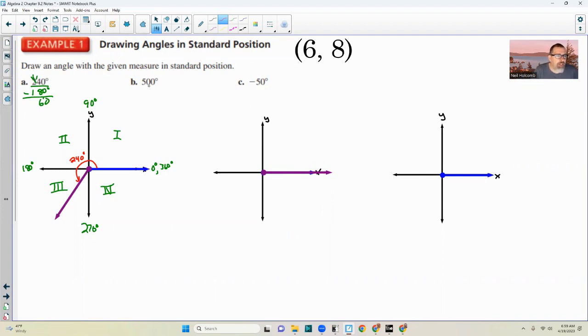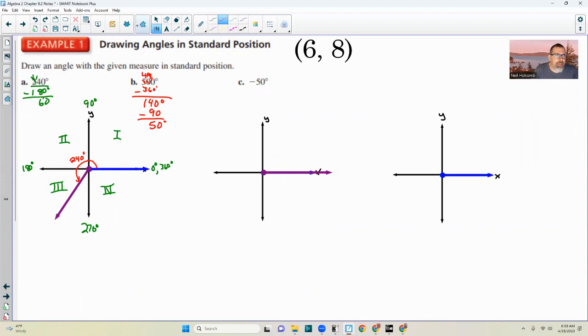So we have 500 degrees. If I take 360 degrees and subtract, I get 140 degrees. Okay, so that's more than 90. So then I'm going to subtract that from 180 and I'm going to get 40.